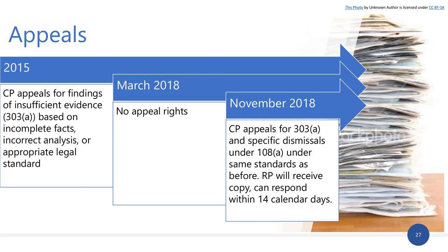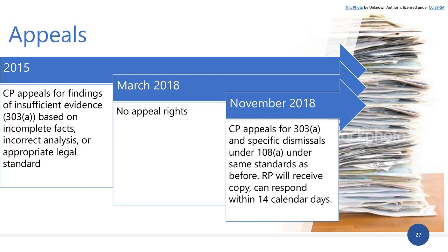And in March 2018, the revision to the CPM completely removed the right to an appeal. And as I'm sure you all heard and could have imagined, people reacted to that pretty strongly on the complainant side, saying there needs to be some type of review. So now, as of November, those appeals of insufficient evidence, 303A, are back.